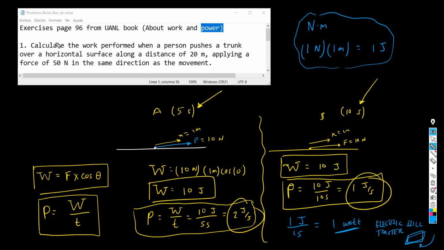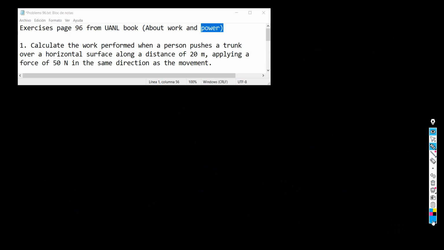Okay, so let's get started with these 3 examples. The first one: calculate the work performed when a person pushes a trunk over a horizontal surface along a distance of 20 meters, applying a force of 50 newtons in the same direction as the movement.